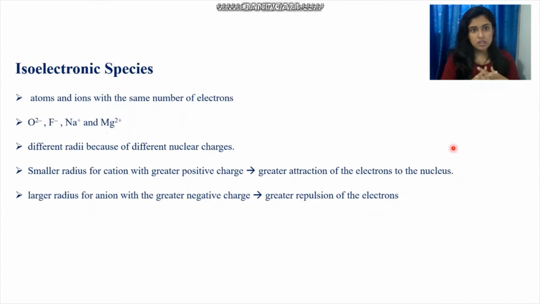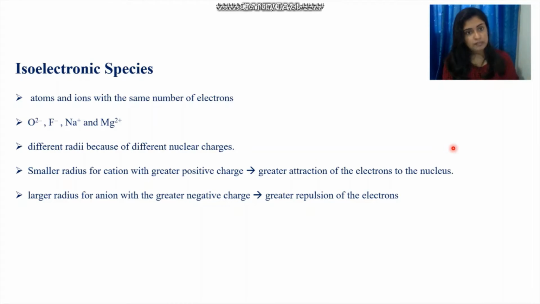And when we talk about the concept of ionic radius, we have a concept called isoelectronic species, which are atoms or ions having the same number of electrons. Certain atoms and certain ions will have the same number of electrons, like the case of O2 minus, F minus, Na plus, Mg2 plus. All of them, if you look, will have 10 electrons, right? Sodium is 11, so Na plus has lost 1 electron, so it is 10 electrons.